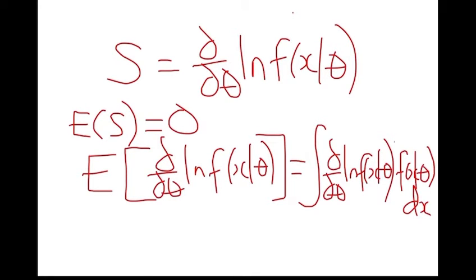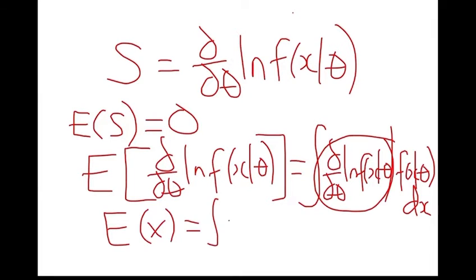So this guy is a random variable. This is similar to statistics where we do the expected value of x, where we have x times f of x dx. So it's similar to that.